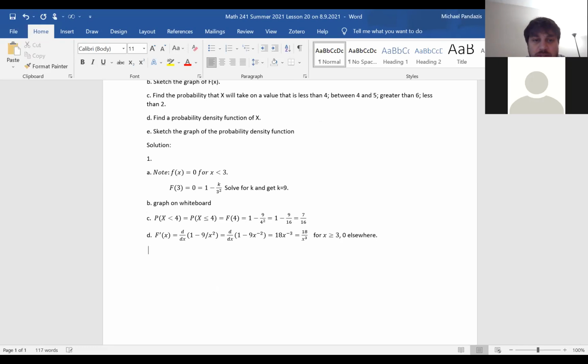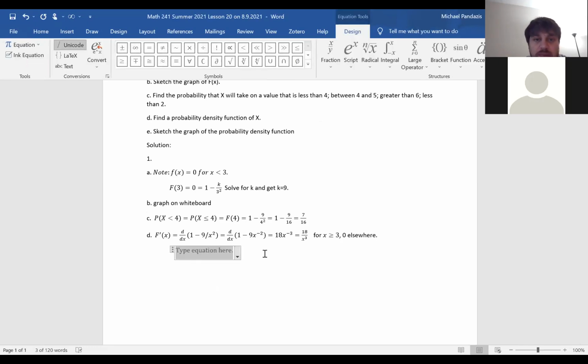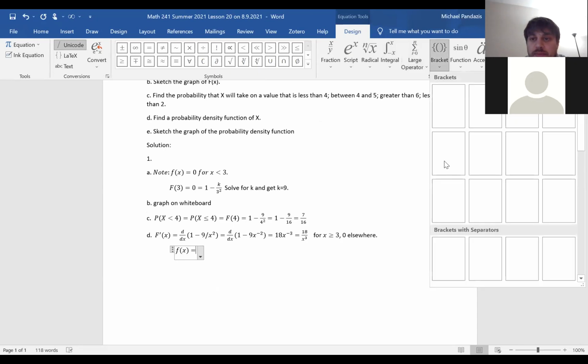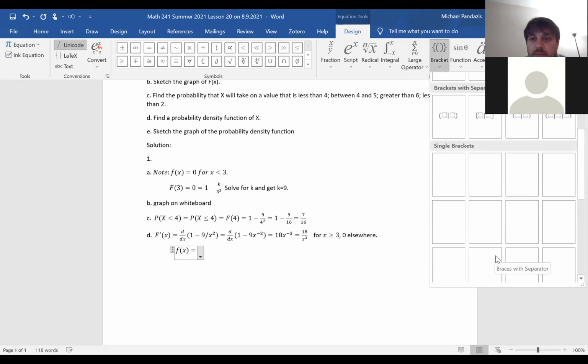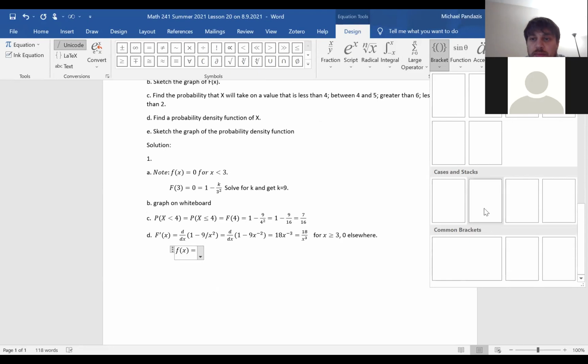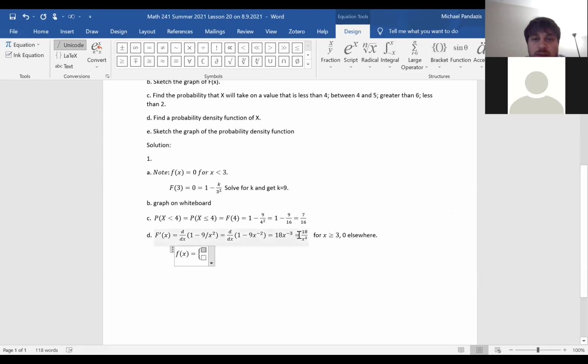Okay, so to write that out nicer, little f of x equals 18 over x cubed. And this is for x greater or equal to 3 and 0 elsewhere.